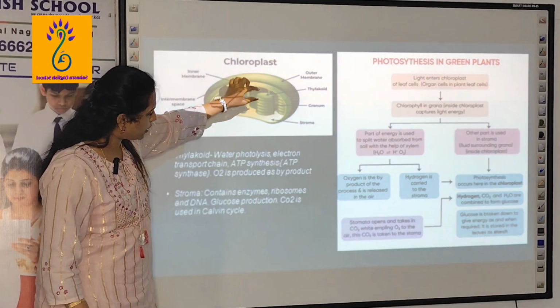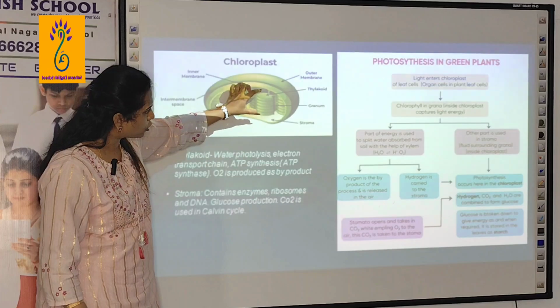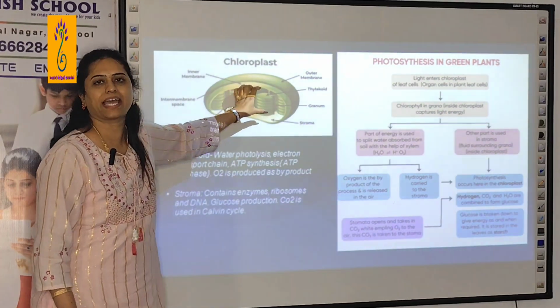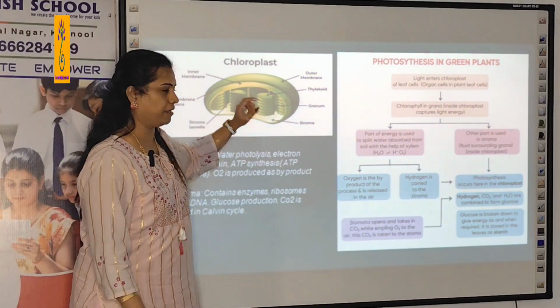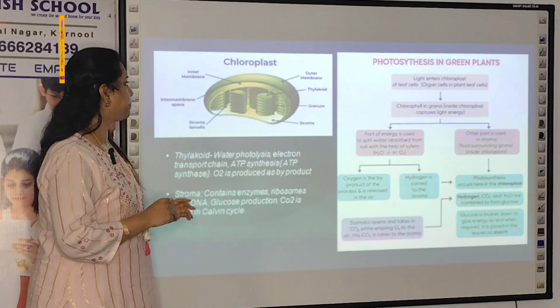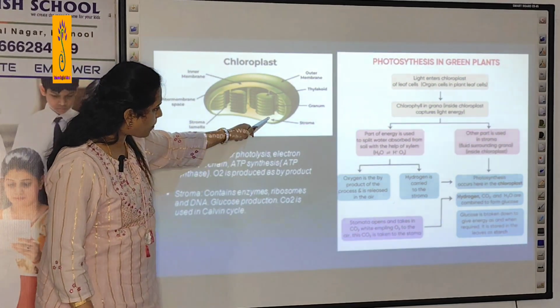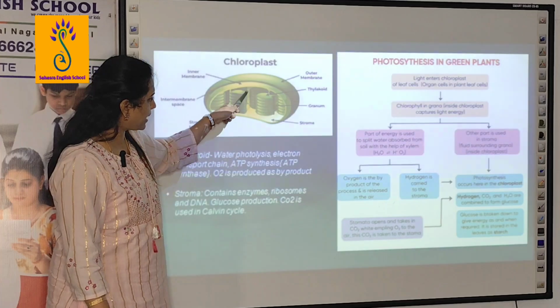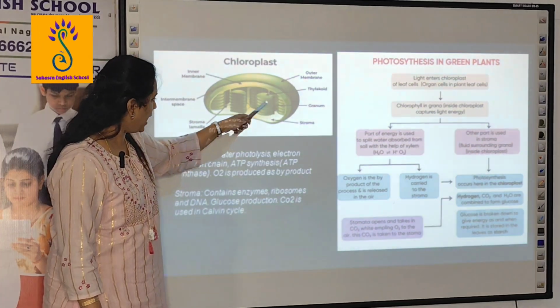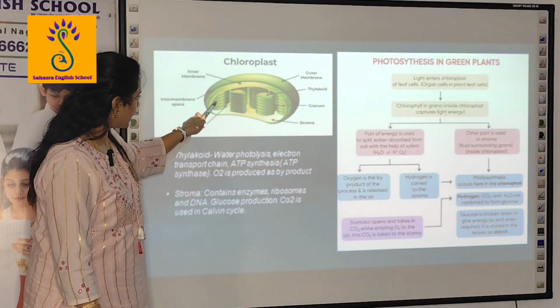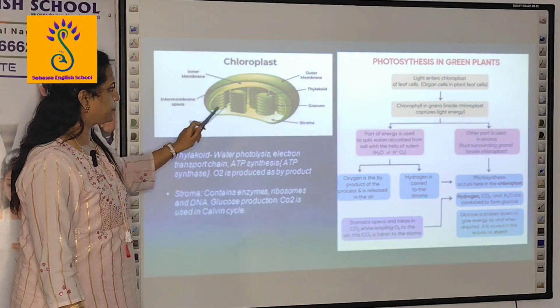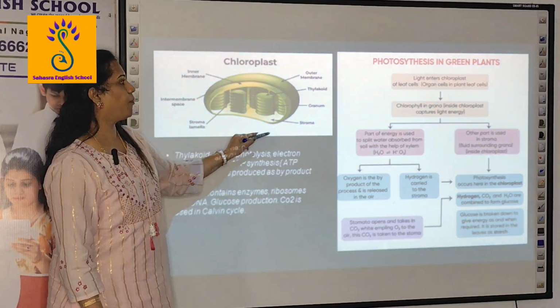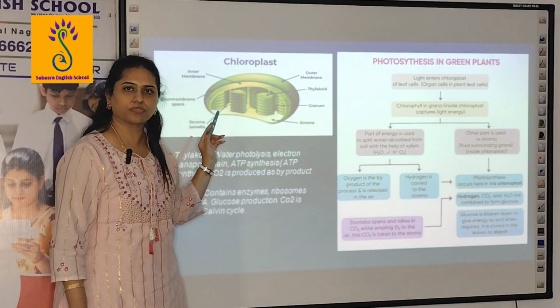They are piled one upon the other to form a structure called granum, plural grana. So this is the stroma or matrix, that fluid-like substance, and this is the connecting stroma lamellae. This is important for photosynthesis.